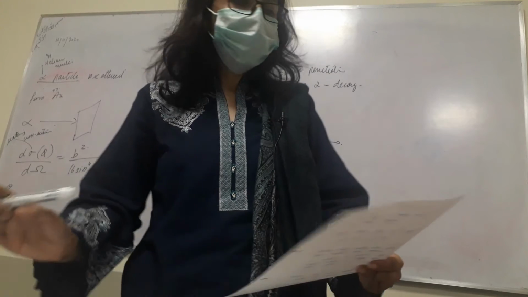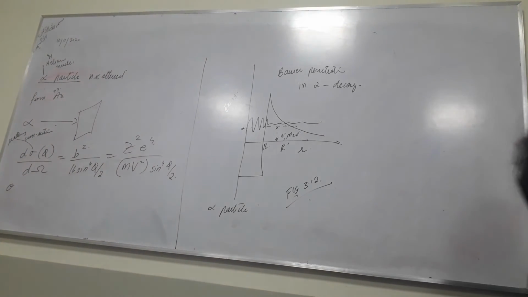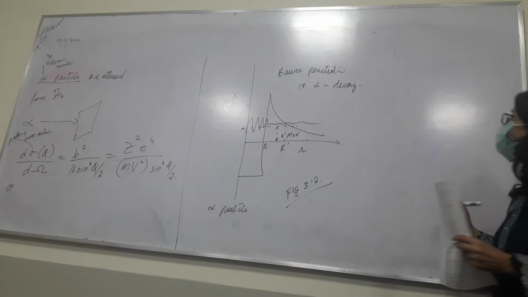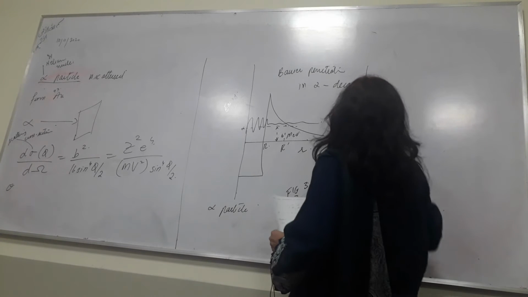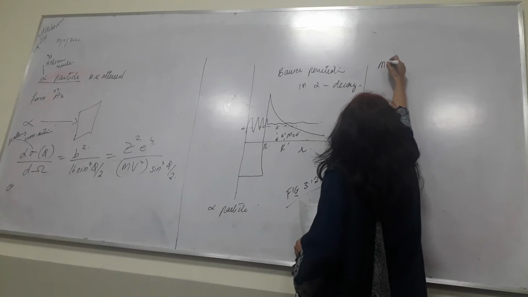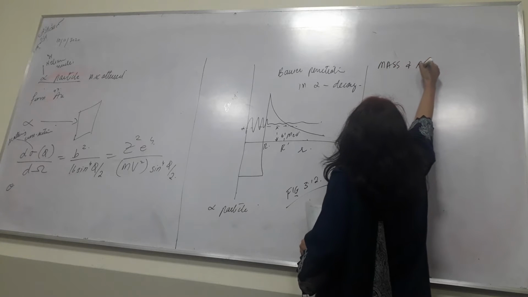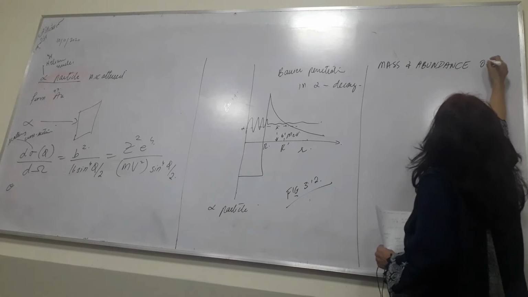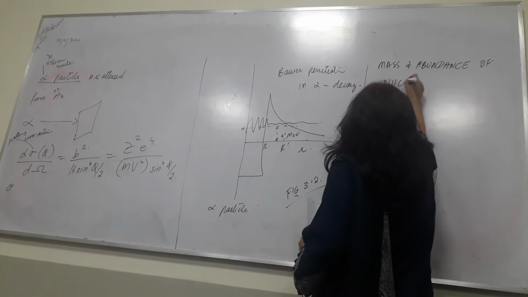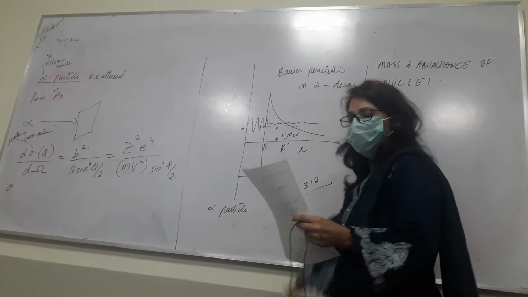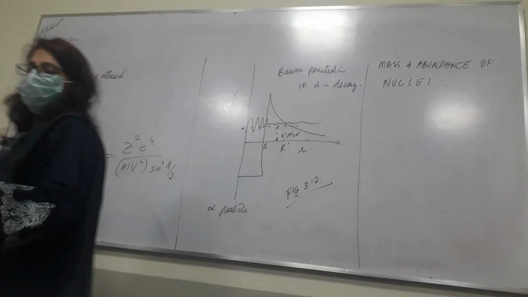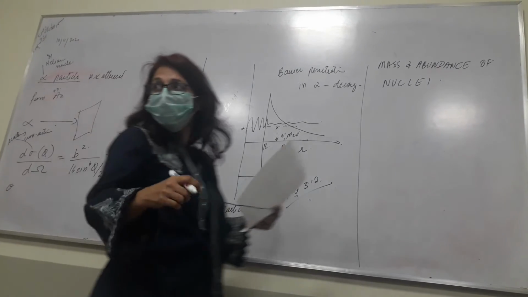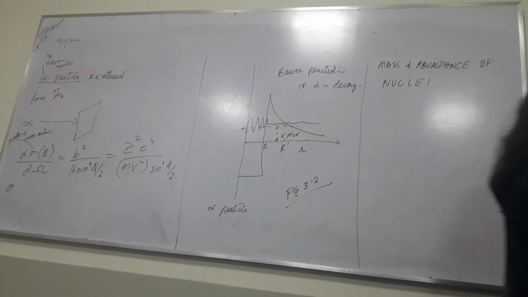Now, there is another heading here, which is mass and abundance of nuclei. So, when we talk about mass and abundance of nuclei, there is a table in your book.